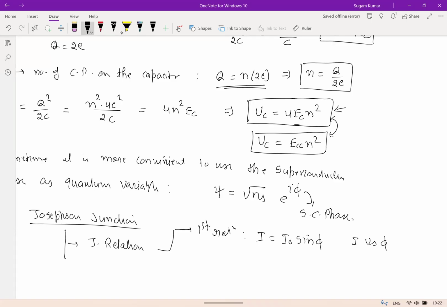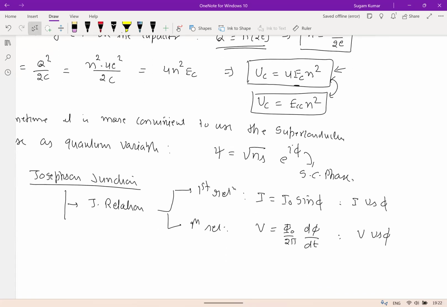And the second relation says V equal to I naught by 2 pi and d phi by dt. This relates voltage versus phi. So these are the two Josephson relations. And you can also write this as V equal to phi naught dash and d phi by dt.